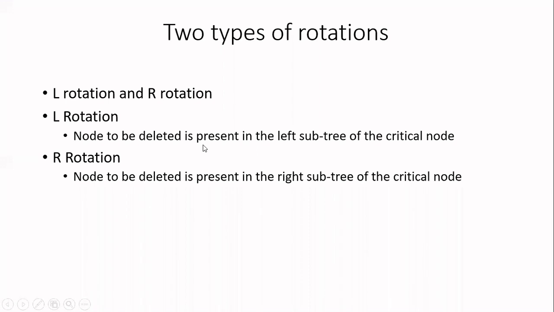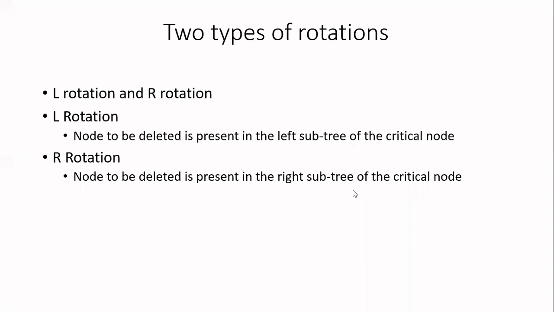So whichever is the first node having the imbalance, that is called the critical node. If the node to be deleted is present in the left subtree of the critical node, then we will apply L rotation. And the second one is R rotation. Here, the node to be deleted is present in the right subtree of the critical node.